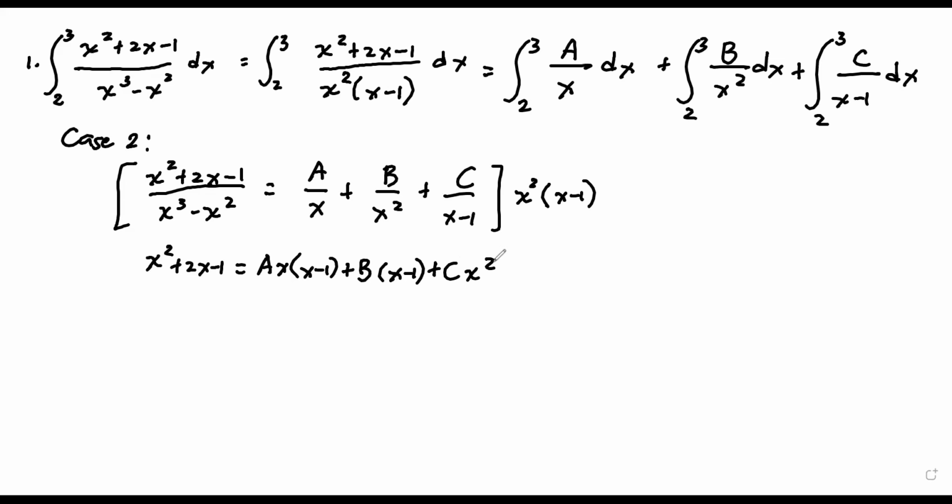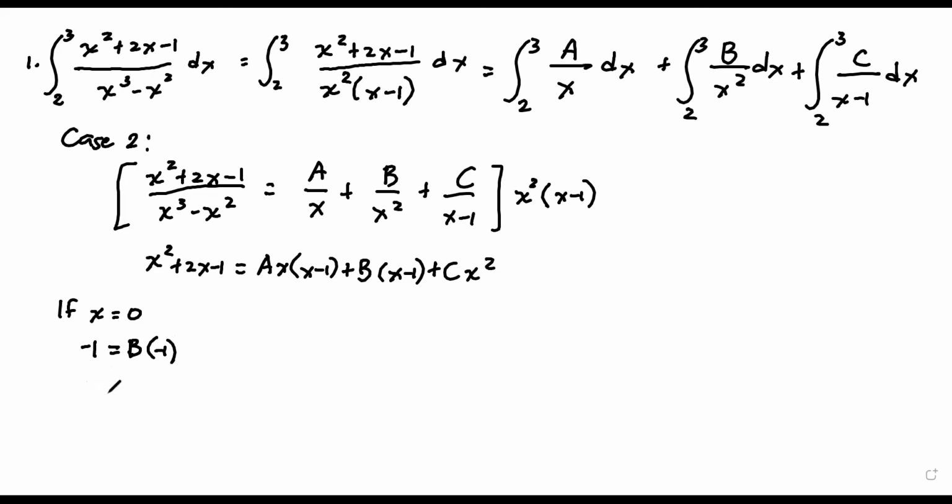Then we're going to find the values of A, B, and C. If x is 0, this will be 0 minus 1, so we'll have negative 1 equals 0, because 0 times this is 0, plus B times negative 1, and the last term will be 0 also.